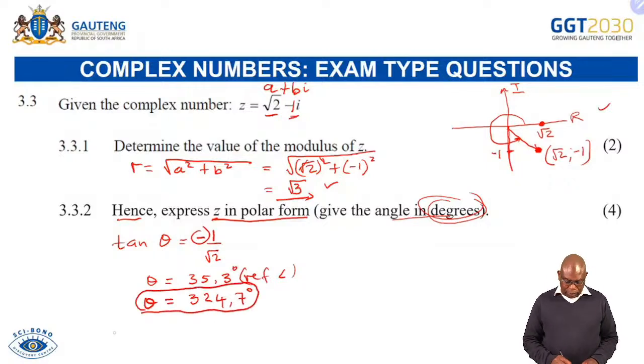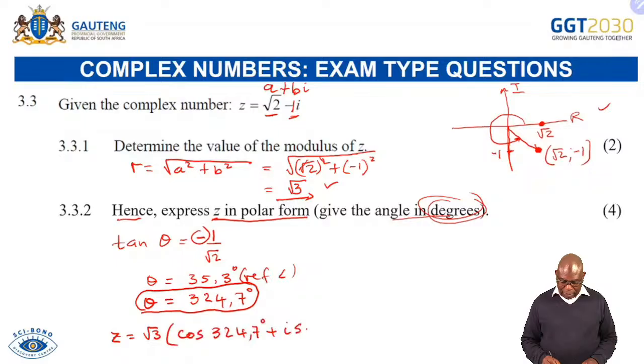Then I'm going to say, now my z is going to be, remember the formula, r into cos theta plus i sin theta. So my r is square root of 3. The cos of the angle, I take 324.7, plus i, the sine of the same angle, 324.7. That's it.